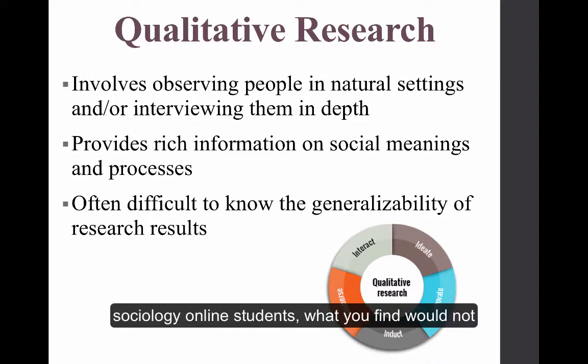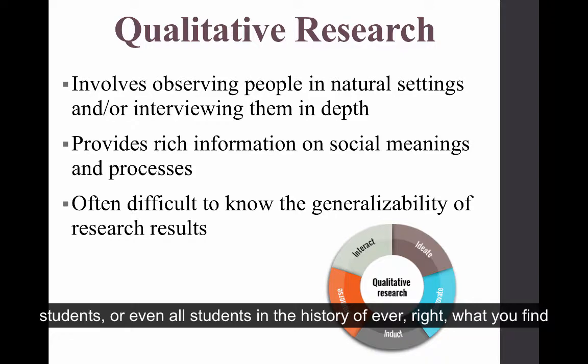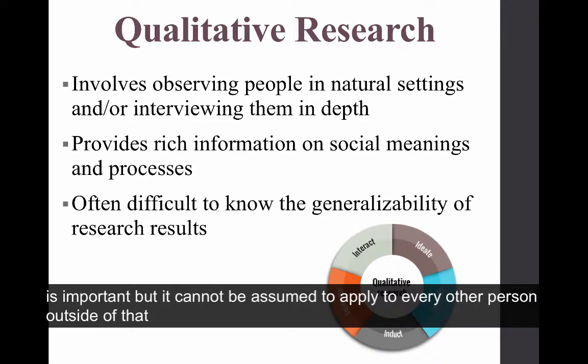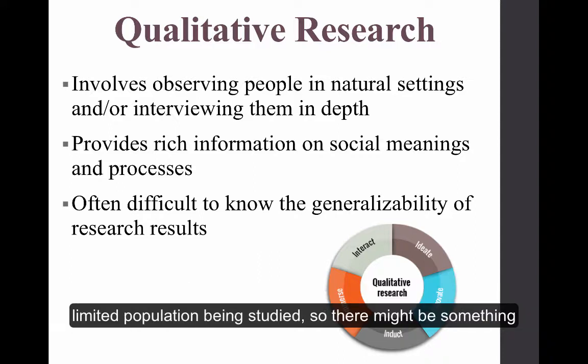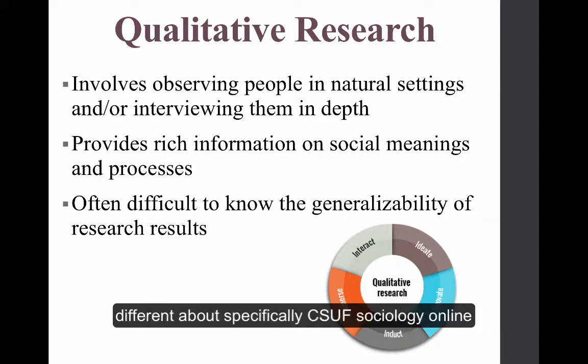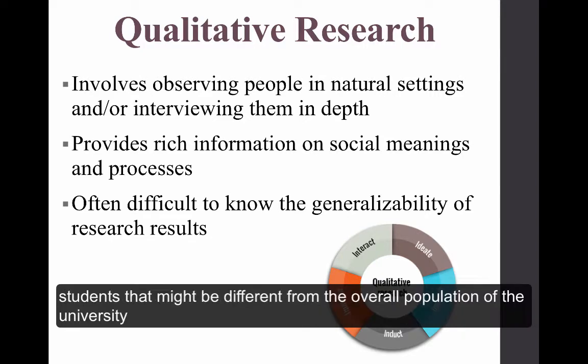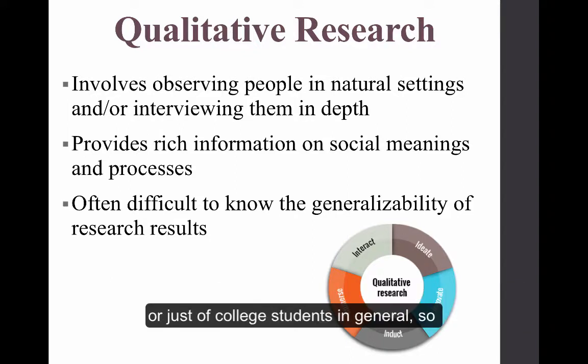What you find would not apply to all sociology students or all Cal State Fullerton students or even all students in the history of ever, right? What you find is important, but it cannot be assumed to apply to every other person outside of that limited population being studied. So there might be something different about specifically Cal State Fullerton sociology online students that might be different from the overall population of the university or just of college students in general, right?